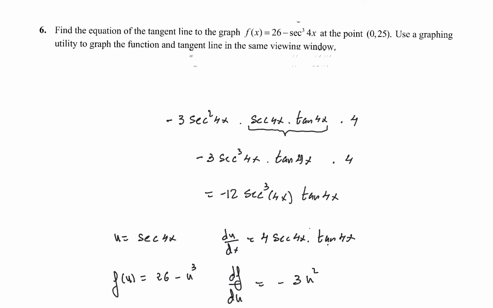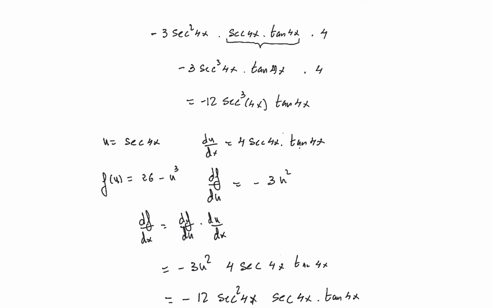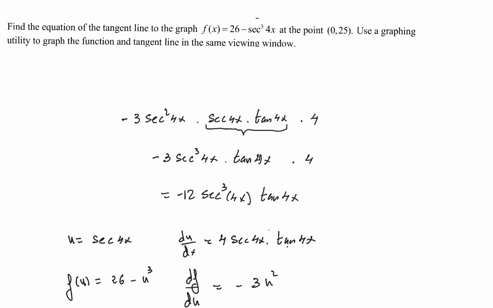Okay, let's do it not so fast, but using the chain rule. The function that we have is f(x) = 26 minus secant cube of 4x.